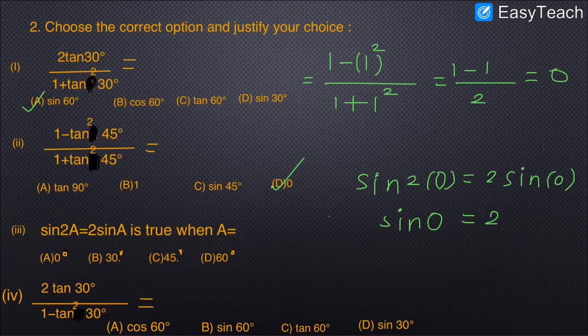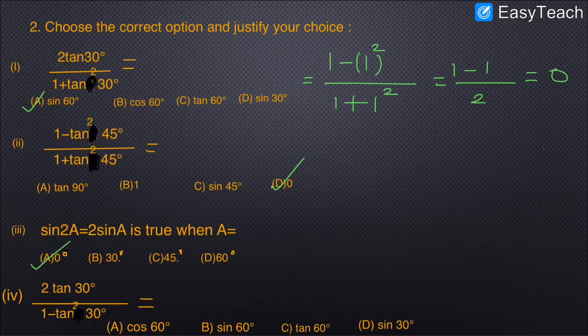Here also, 2 into sin 0 is 0. So sin 0 is 0, we know from the chart. So 2 into 0 is 0. So we got the answer from the first value itself. So I pick the answer A. If A is not satisfied, you continue substituting the remaining values to find the solution.